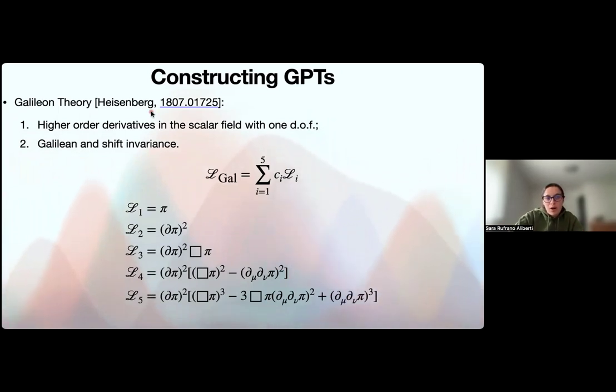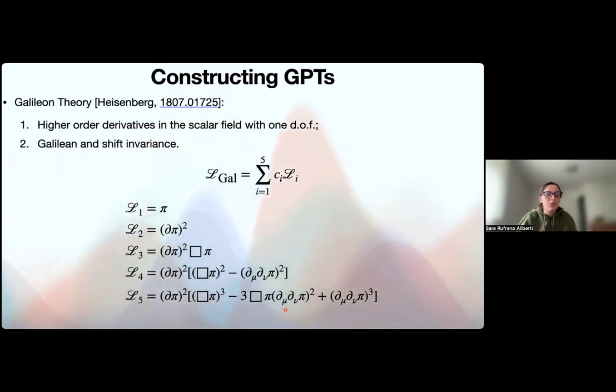But with these requirements, let me go back to the requirements in order to construct Galilean theory, we end up with this Lagrangian, where, as you can see, higher order derivatives appear in the scalar field, and there's this peculiar form in order to obtain one propagating degree of freedom.